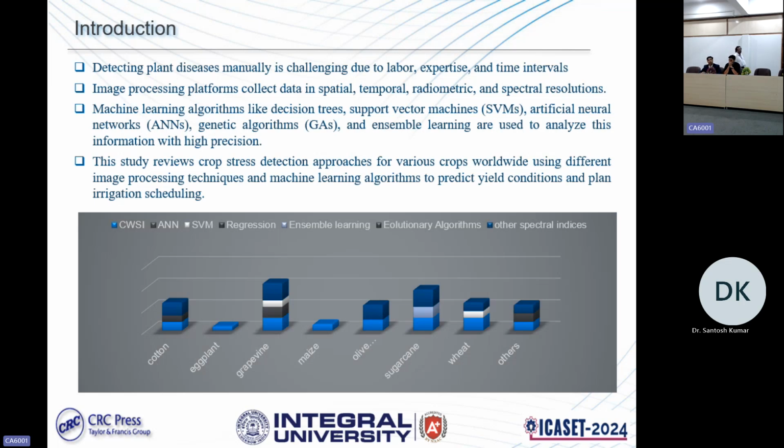So this study reviews crop stress detection approaches for various crops worldwide using different image processing techniques and machine learning algorithms to predict yield conditions and plant irrigation scheduling.